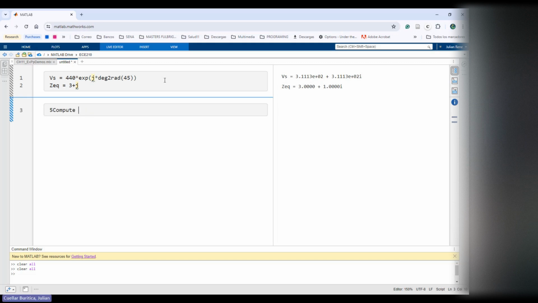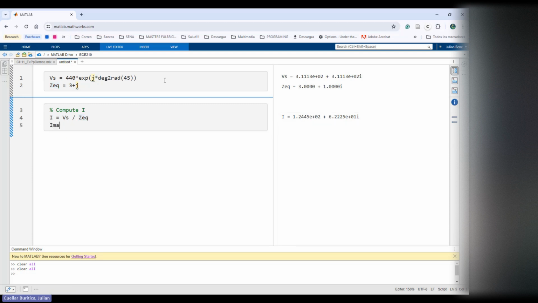Let's compute the current. I is going to be VS over Z equivalent. That's in the rectangular form.